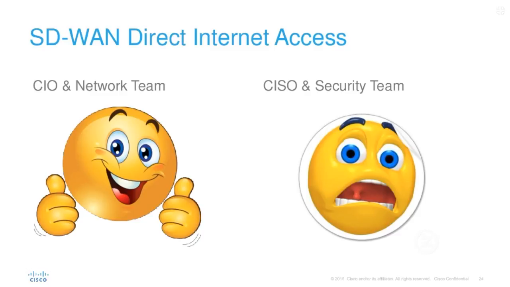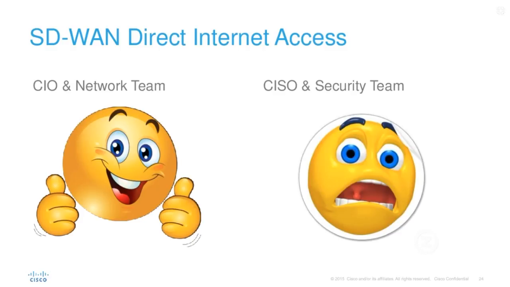Now, whenever we're doing this, you have this dichotomy. Your network guys and your CEO love this stuff because this allows them to send all that Office 365, Salesforce.com, all those web applications, out there instead of trying to pack those over a WAN pipe. So in general, they love it.